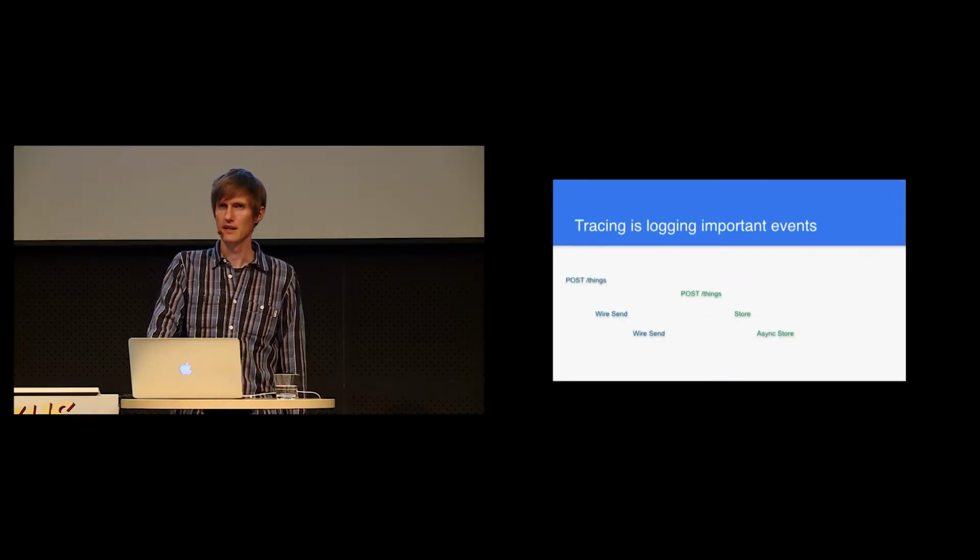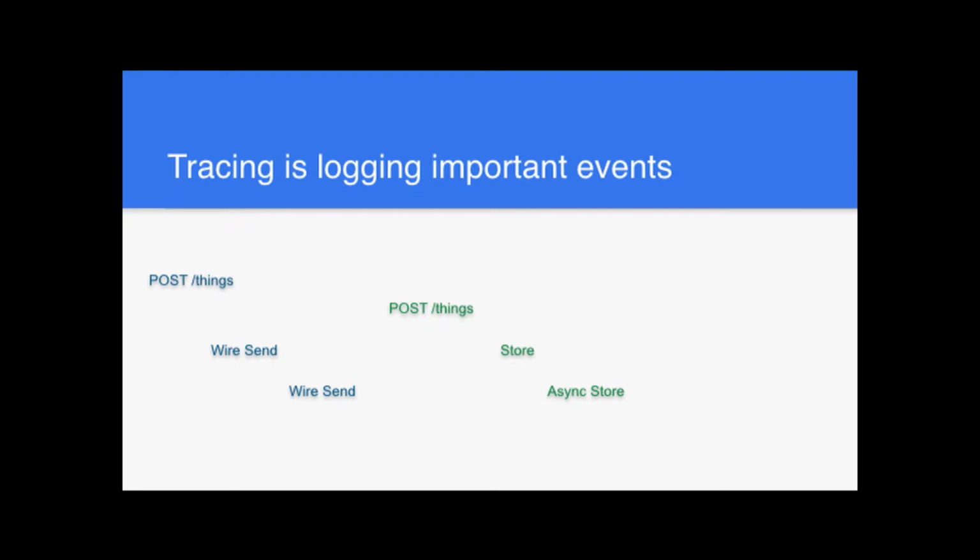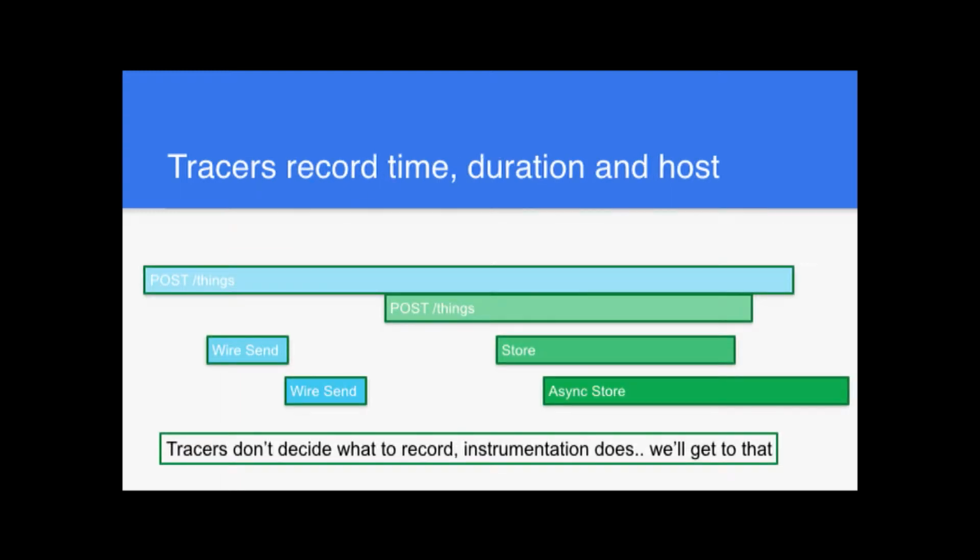So tracing is like capturing these things as they occur. If we had our other example where we're having a post request, the tracing is going through the system and connecting them. And while these recordings are going on, like when something happened and how long it took, the tracer doesn't actually decide what to do.